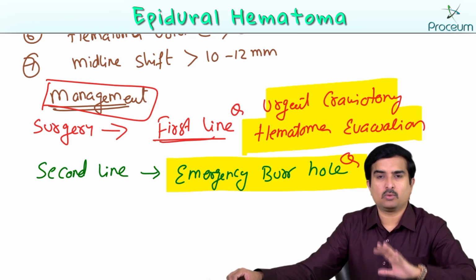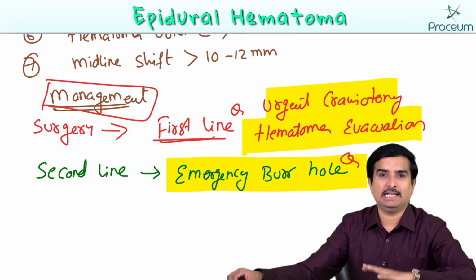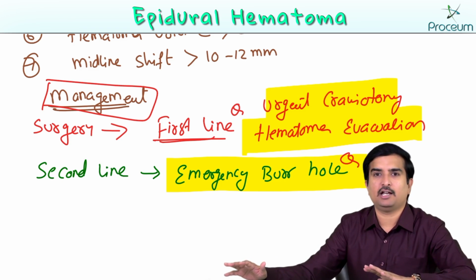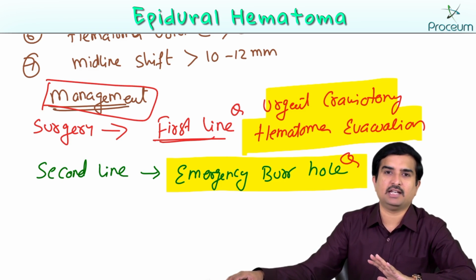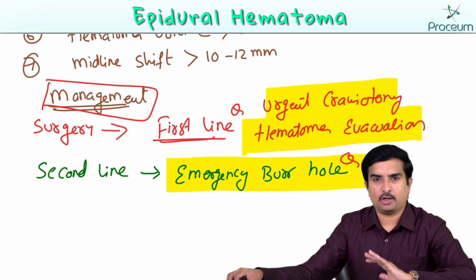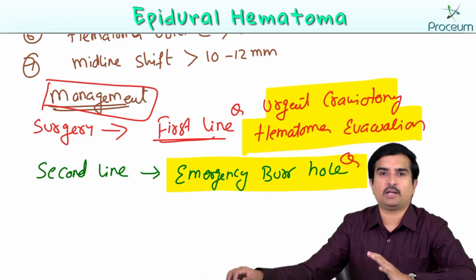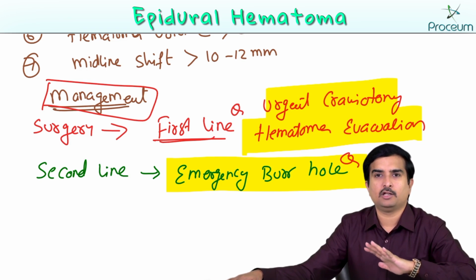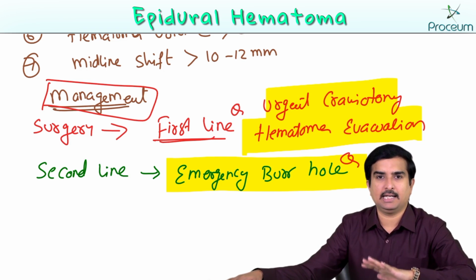But remember, glucocorticoid therapy is not indicated following any head injury, because that may be associated with increased acute mortality. So not only in this condition, whenever we talk about any acute head injury, glucocorticoid therapy is purely not indicated.